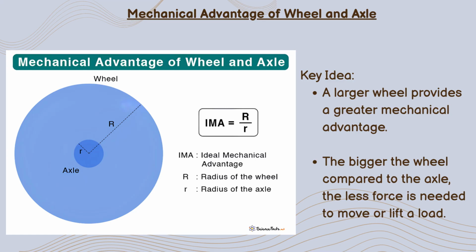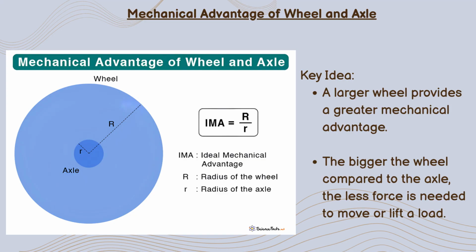Now, what's the mechanical advantage, or MA, of a wheel and axle? It depends on the size of the wheel and the size of the axle. We have the IMA equivalent to the wheel radius, capital R, over the radius of the axle, small r.